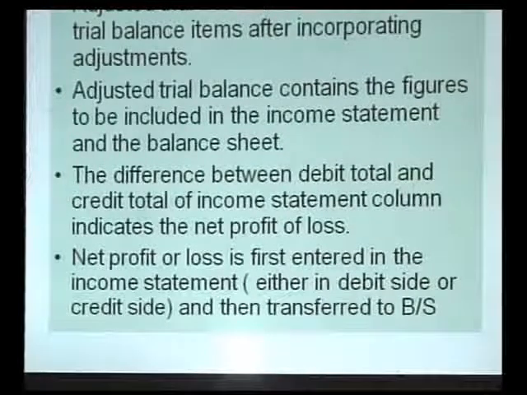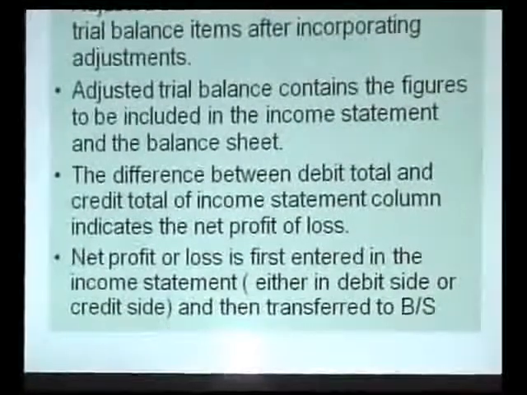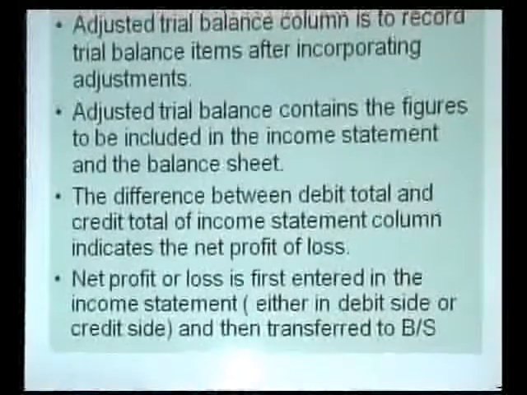The difference between the debit total and the credit total of the income statement column indicates the net profit or loss. Net profit or loss is first entered in the income statement, either on the debit side or the credit side, and then transferred to the balance sheet.